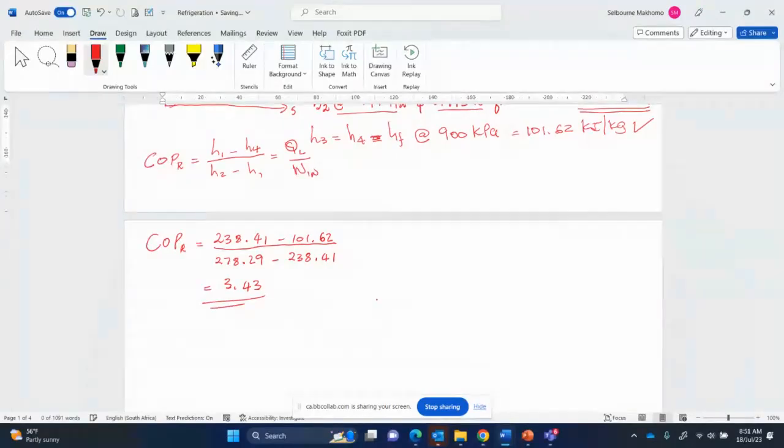So this is 2 marks in the exam. 2 marks. So it's 5 plus 2, you already have 7 marks.